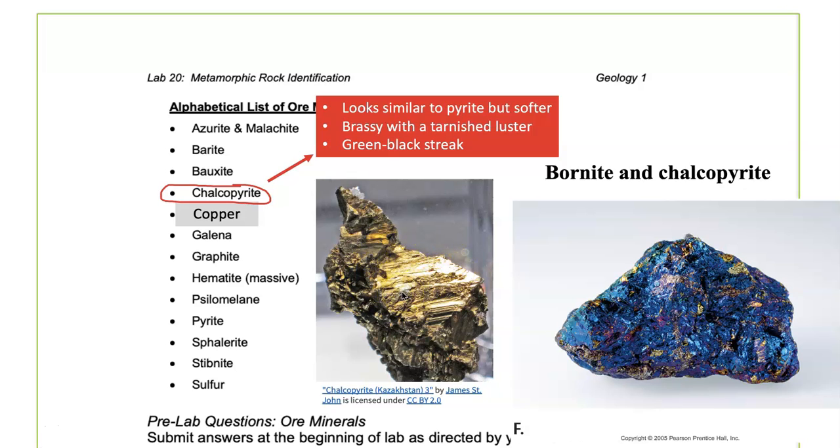They both look brassy, but chalcopyrite has a little bit more of what looks like an oxidation to it. This particular mineral also has a green-black streak, which is very different from its brassy color. Here's some boronite, which was that peacock ore, and chalcopyrite. And the chalcopyrite are these brassy bits here and there, and all the beautiful blue and purples are the boronite.